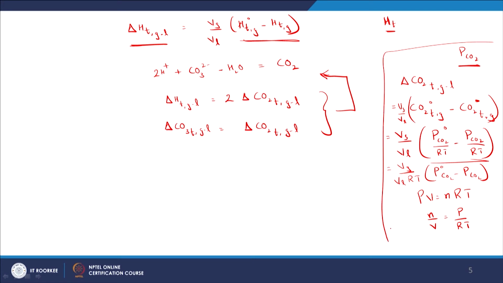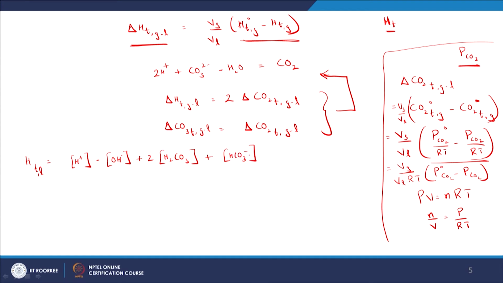So let's move further. So we have our H total, and what is that equal to now? This is H total in the liquid phase, which is going to be equal to the concentration of H+ minus the concentration of OH- plus 2 times the concentration of H2CO3, plus 1 times the concentration of HCO3-.